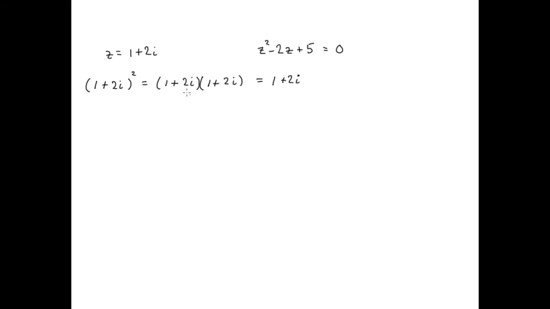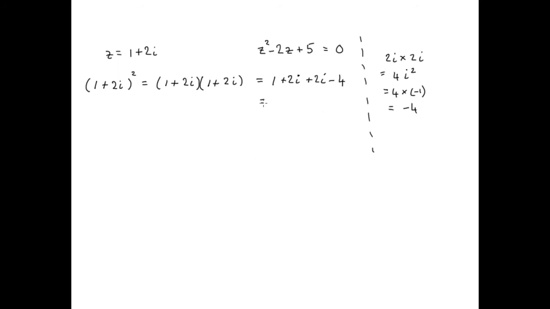The insides give me 2i times 1. And the lasts, 2i times 2i. Well, that requires a little bit of thought. 2 times 2 is 4, and i times i is i squared. I squared, we know, is negative 1. So we get negative 4 for multiplying these lasts together.